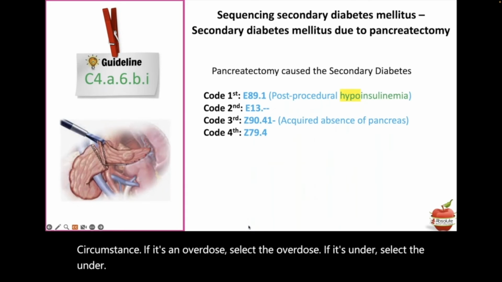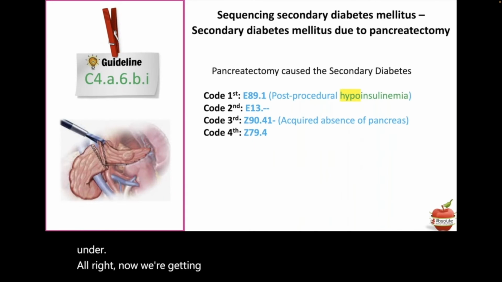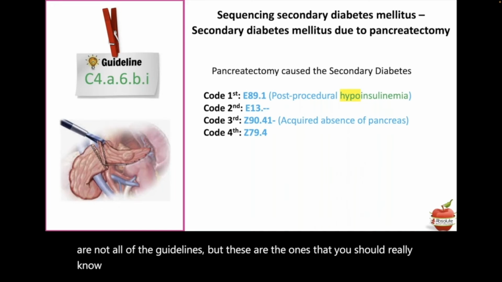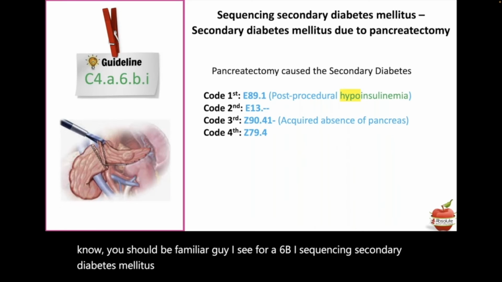All right, now we're getting down to our last guideline. And coders, these are not all of the guidelines, but these are the ones that you should really know. You should be familiar. Guideline C4A6BI, sequencing secondary diabetes mellitus due to pancreatectomy. Somebody said it in the chat.